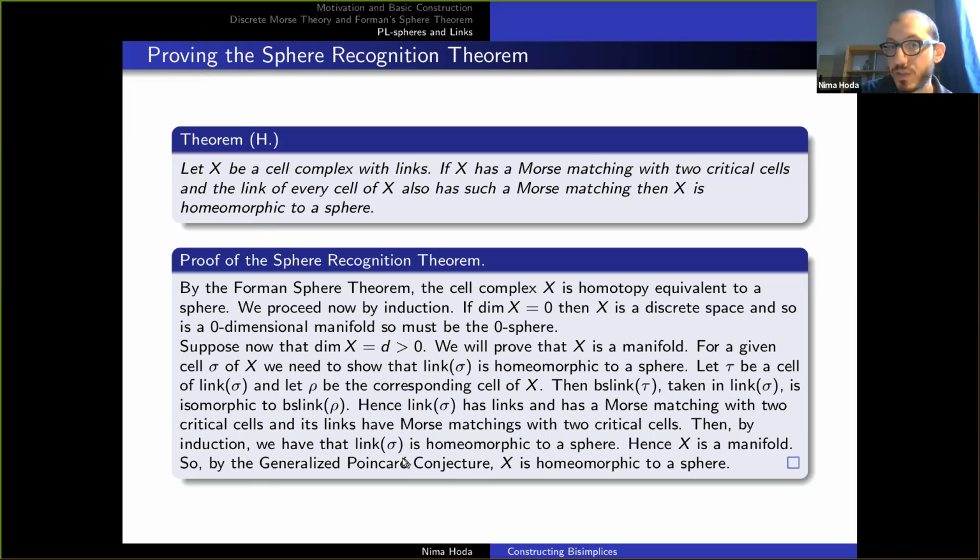So by induction, the link of sigma is homeomorphic to a sphere, and X is a manifold, and we can apply the generalized Poincare conjecture to tell us that X is homeomorphic to a sphere. And yeah, that's the proof of the sphere recognition theorem.